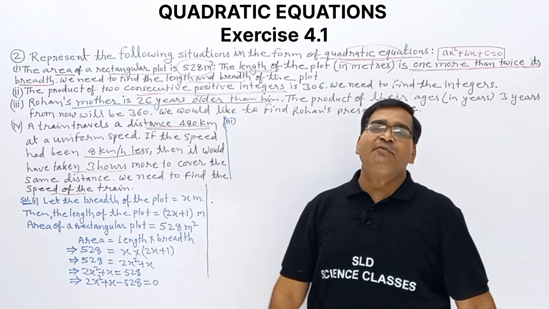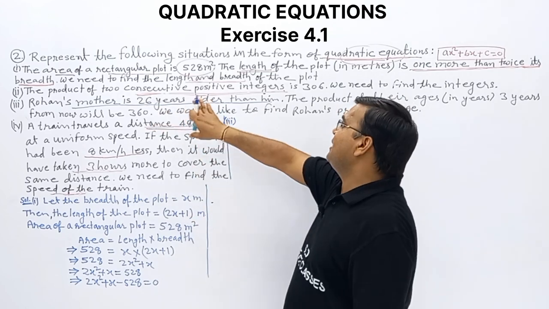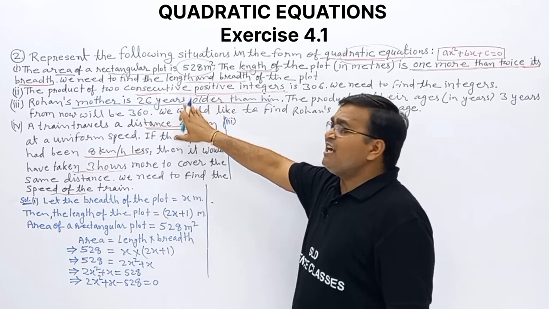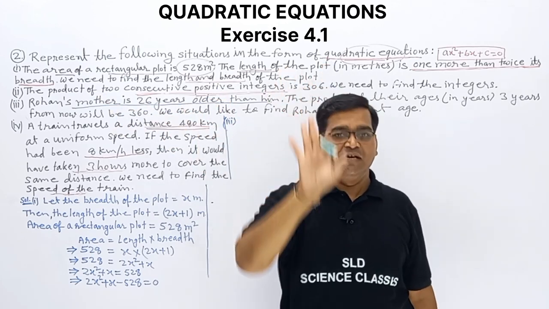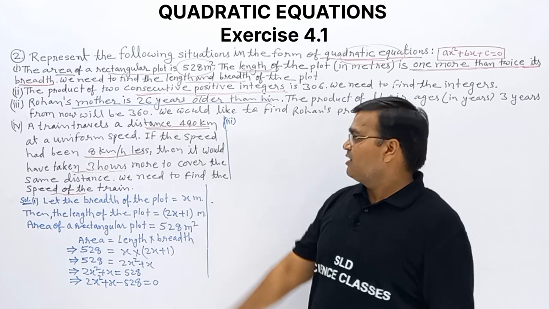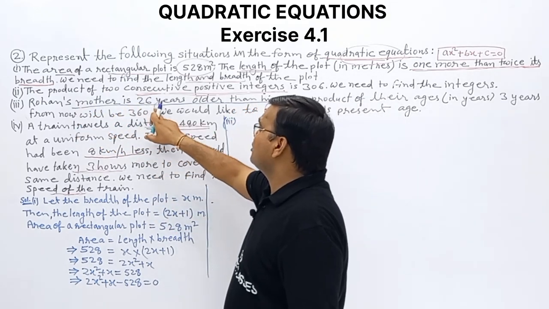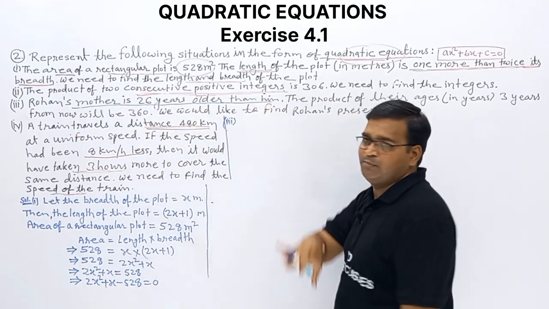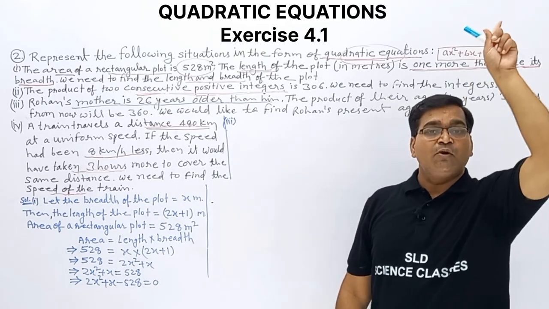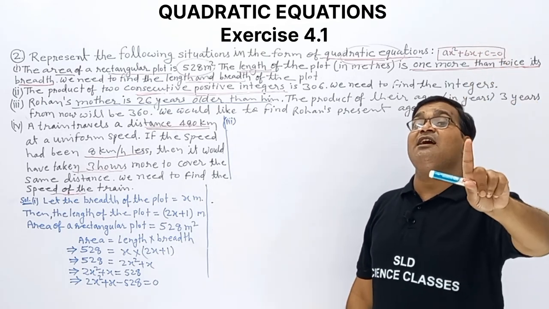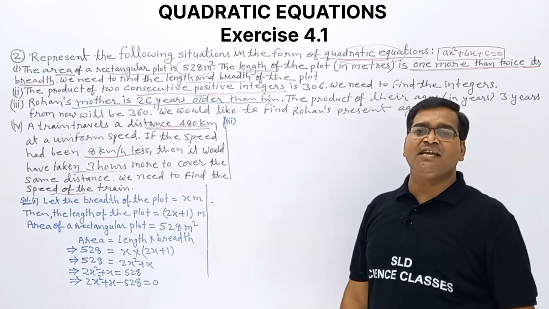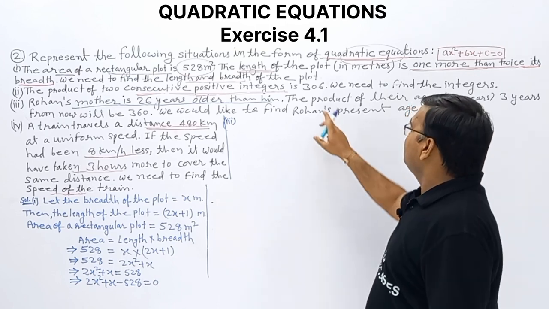Whatever age Rohan has, we will add 26 to it. That will be the age of his mother. What is given? Rohan's mother is 26 years older than him. Rohan से उसकी माँ 26 years बड़ी है, older than. Clear?